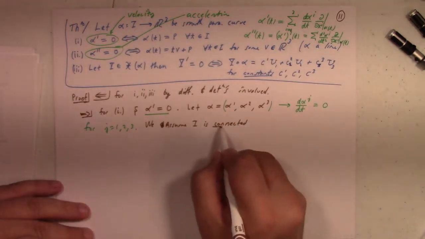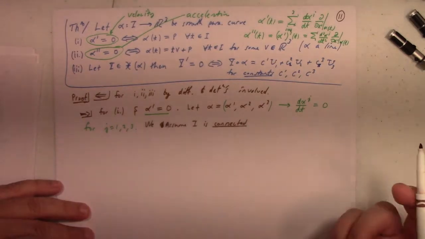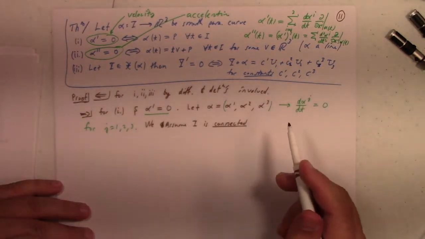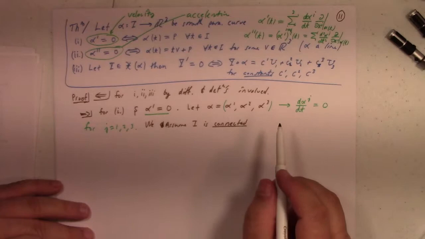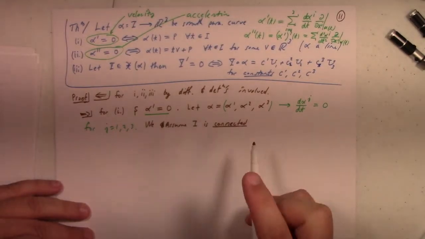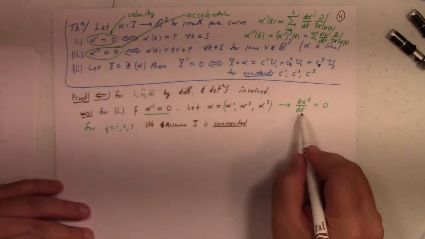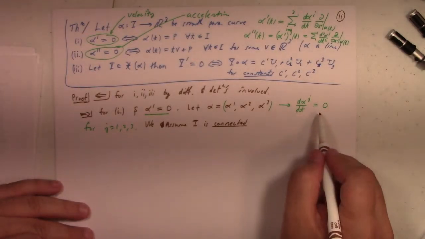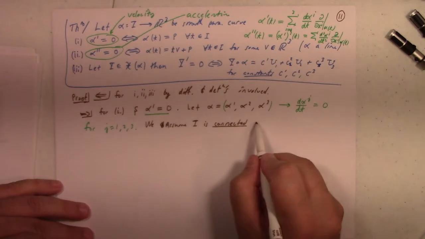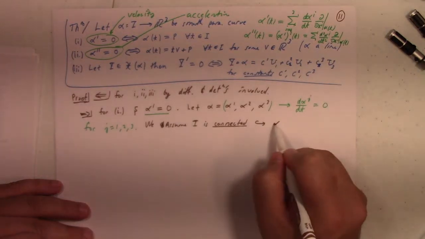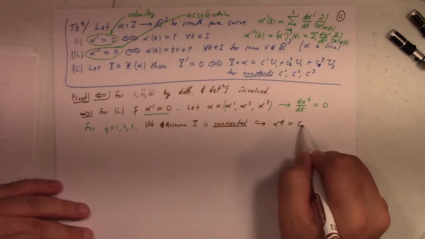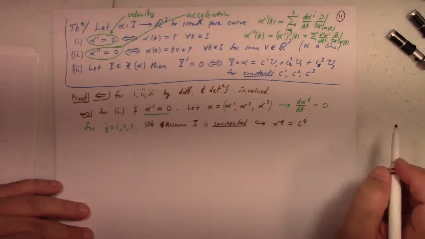In other words, it's either a closed interval or a half open, half closed, or a ray. It just has one connected component. So since I is connected, if the derivative is 0 on a connected subset of real numbers, it follows that alpha j is just equal to a constant. Let's call it c sub j.